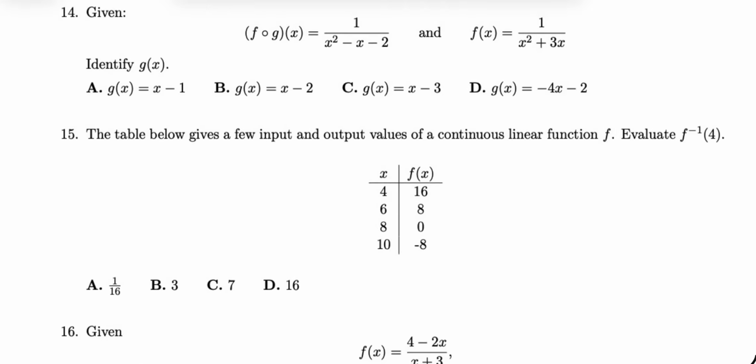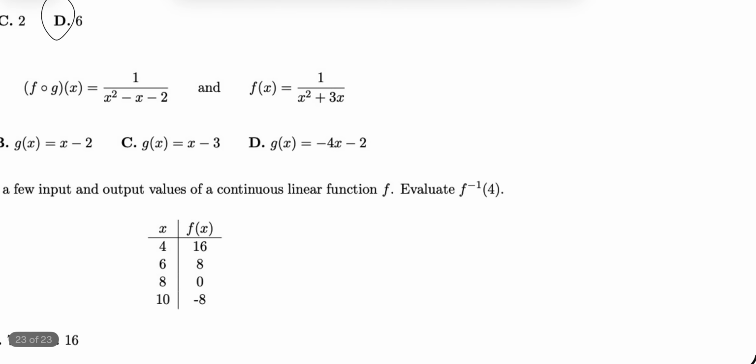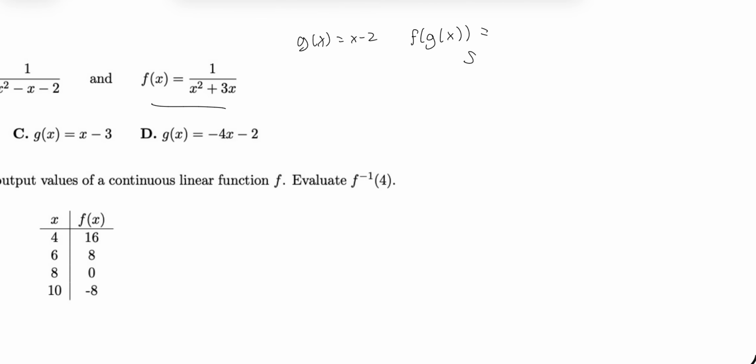Given this, we want to find g of x. So, all we can see is here, for f of x, we have that, right? So if we have g of x equal to x minus 2, then f composition of g with x inside is going to be equal to, first, f of x minus 2, right?